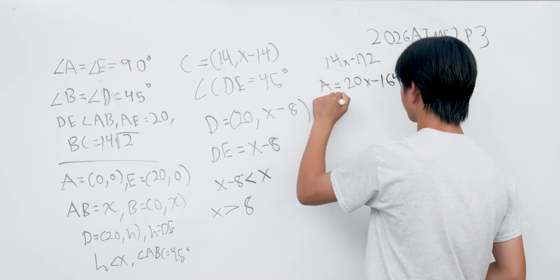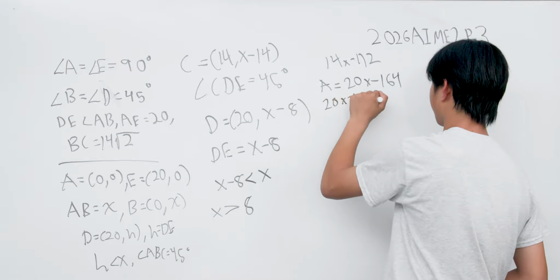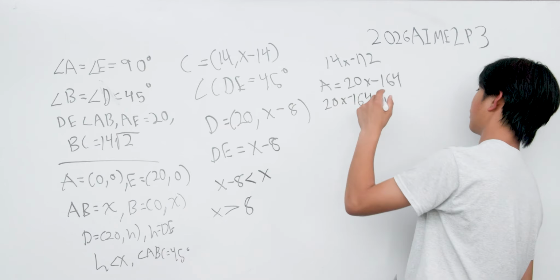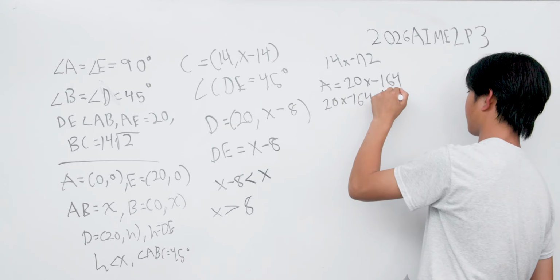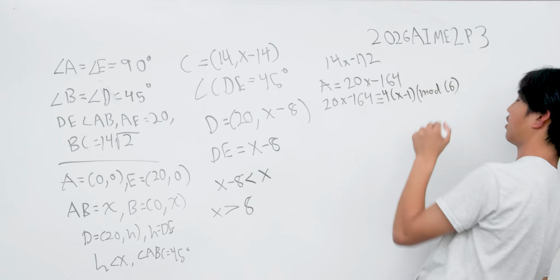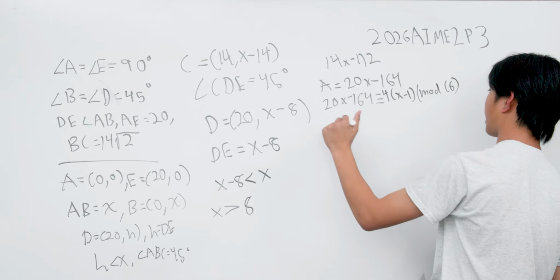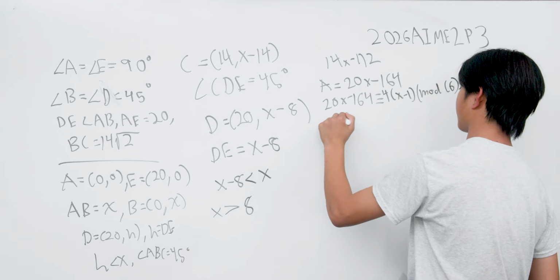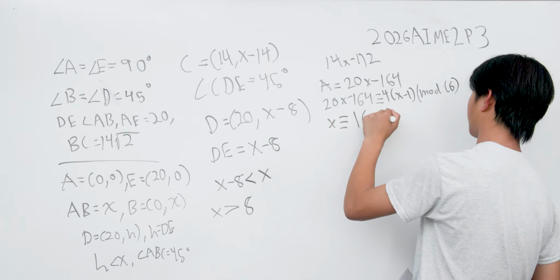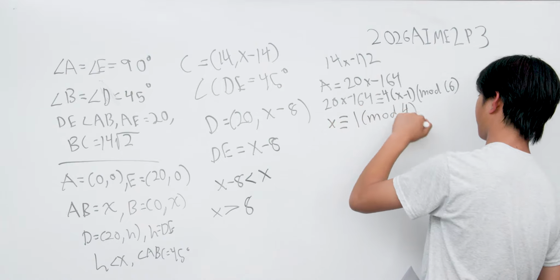Now, 20x minus 164 simplified modulo 16 is 4 times (x minus 1) mod 16, which means that x is congruent to 1 mod 4.